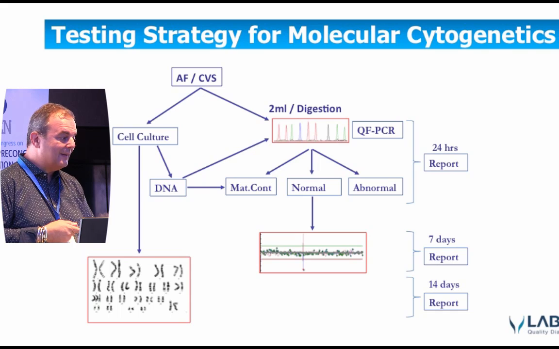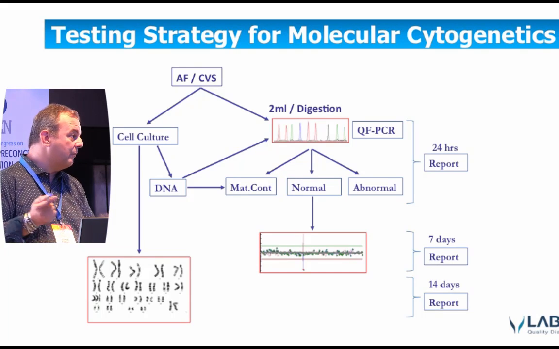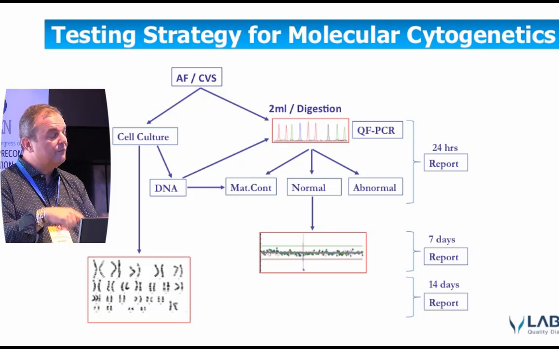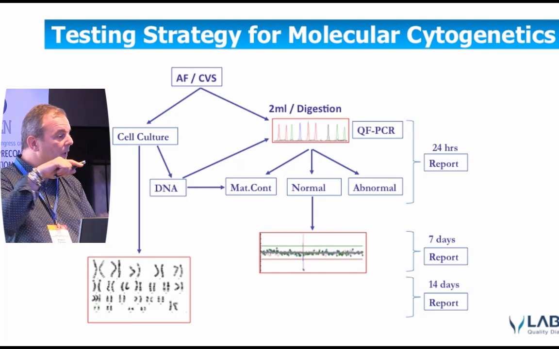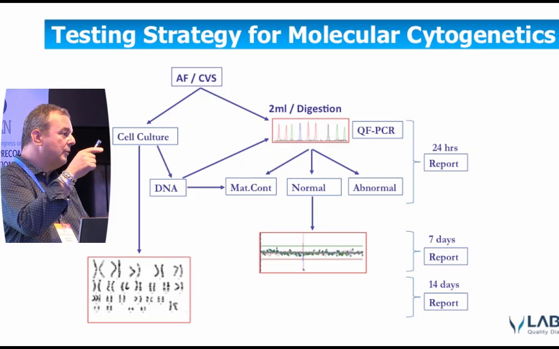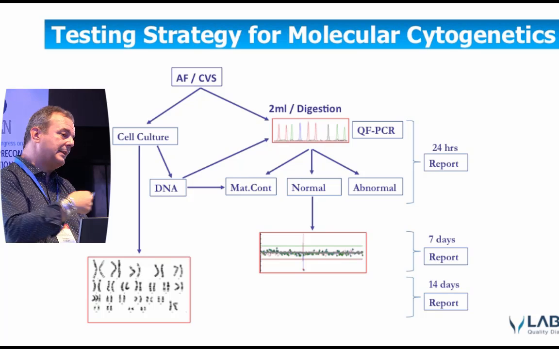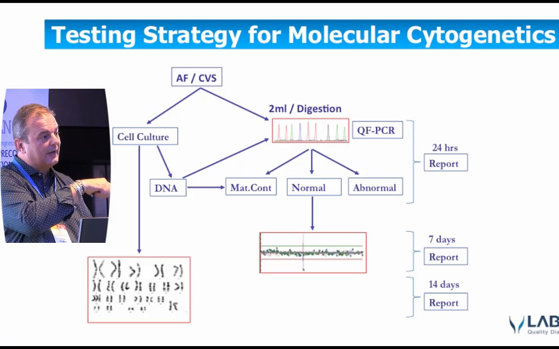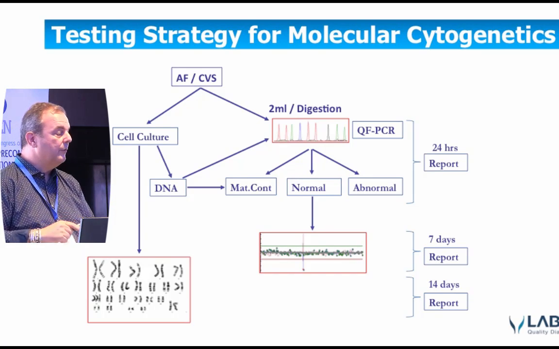This is a necessary step before any molecular test, microarray or single gene disorder, in prenatal diagnosis, as maternal contamination can be detected. And if this is the case, in prenatal samples you still have the option to go through the cell culture, which is also used to select for fetal cells rather than maternal cells, so you can then retest the same sample after the culture, make sure there's no contamination, and then go on with the molecular test.